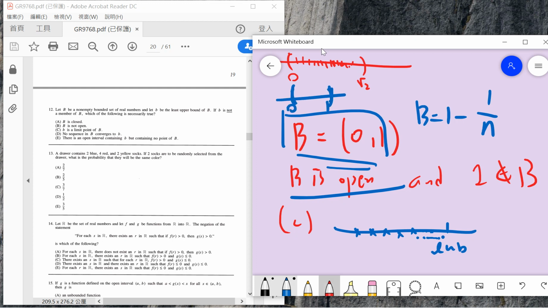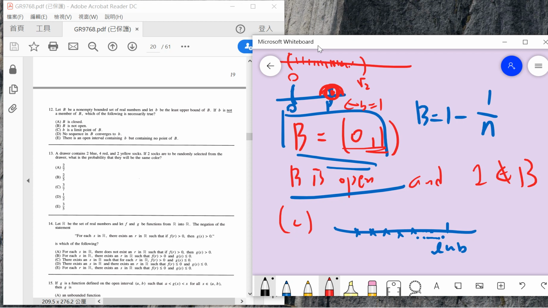So what it says is that we can find an open interval covering 1 but containing no points of S, and this is impossible. Once I plot any small open interval around 1, it will intersect with the open interval 0, 1. So E is also false. So if we delete all the possibilities, the answer is C.